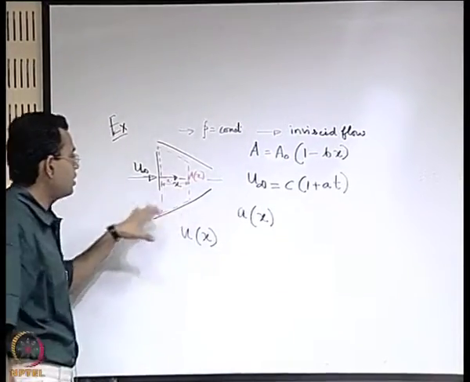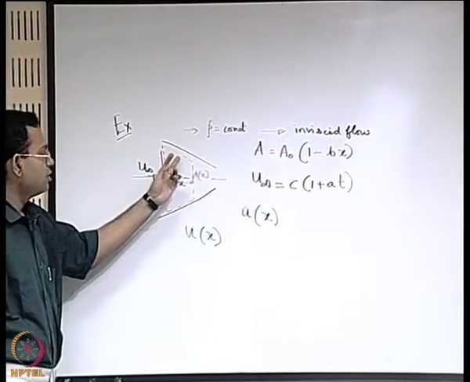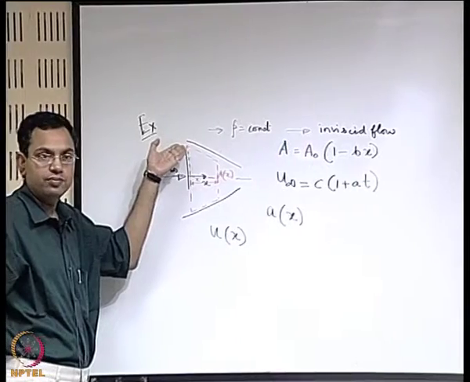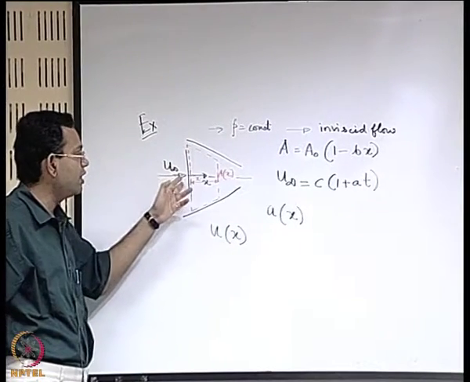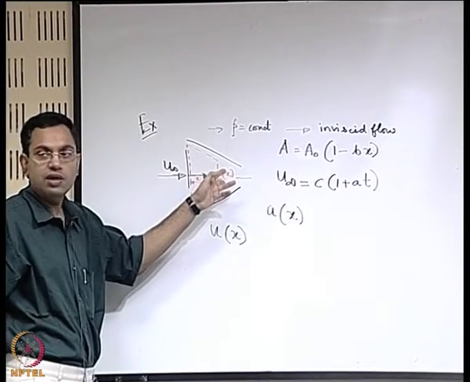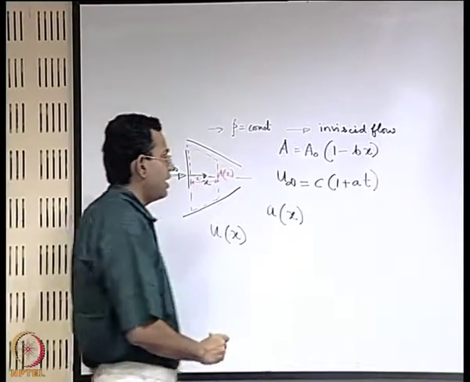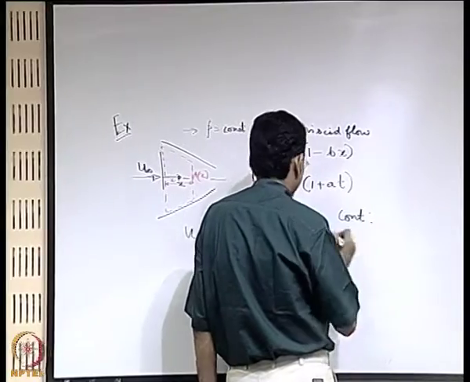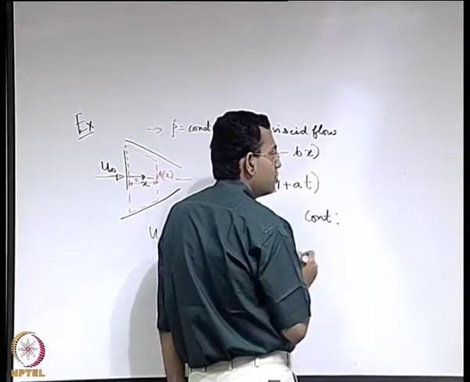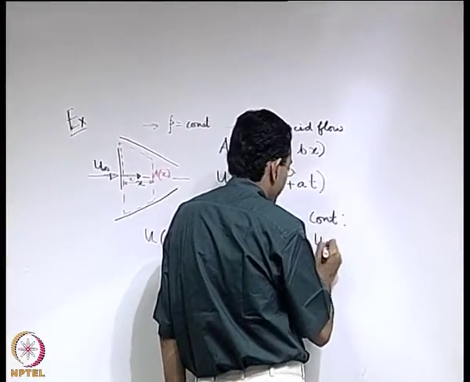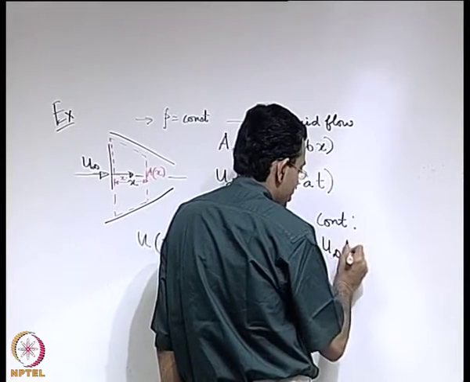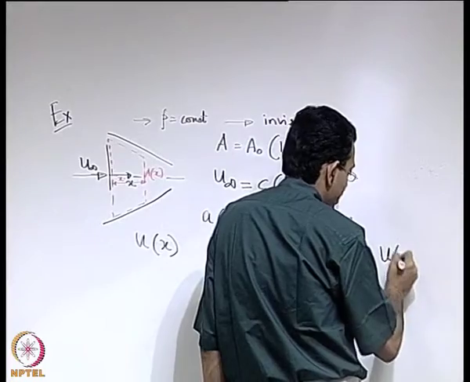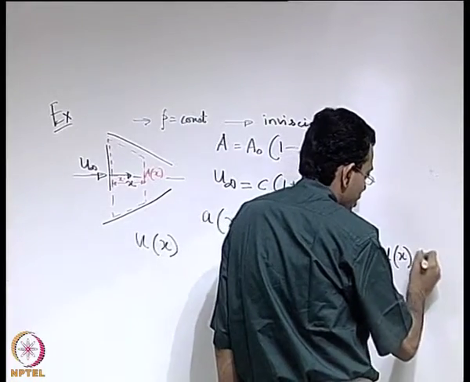See, in this control surface, the lateral surfaces are surfaces across which there is no flow. So, the only flow is through the inlet and through the surface at x. So, you can write from the continuity equation, it is density equal to constant. So, it is as good as u infinity into A naught is equal to u at x into A at x.